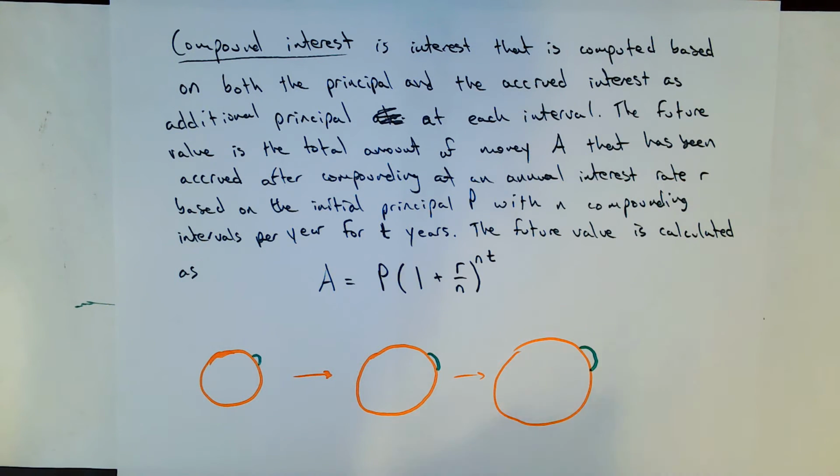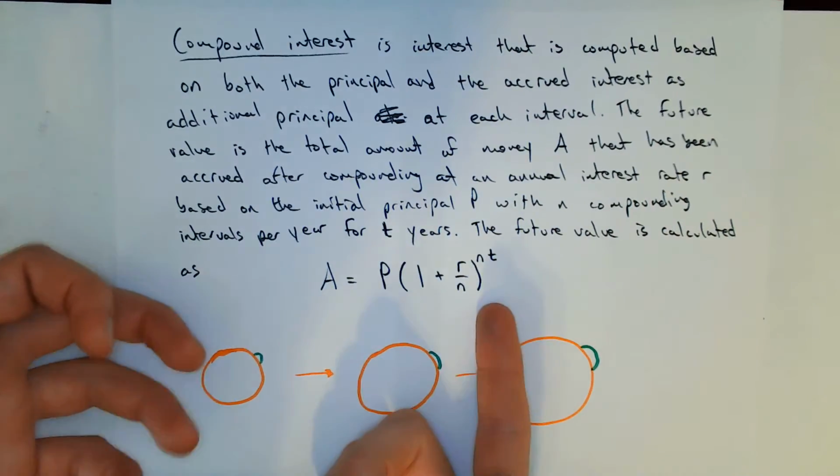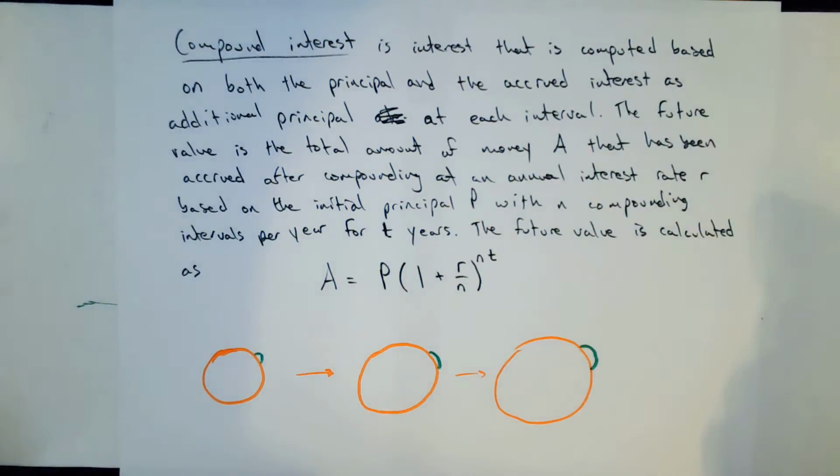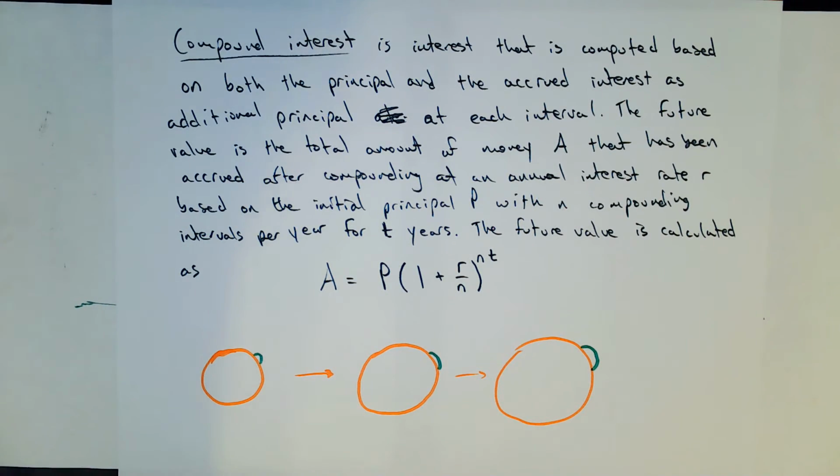For us, if we want to know the interest and not just the total amount, the easiest thing to do would be to calculate the total amount and then subtract the principal to figure out what the interest was. And that's how we'll do it if we're asked for it. So there is not explicitly a formula for compound interest.